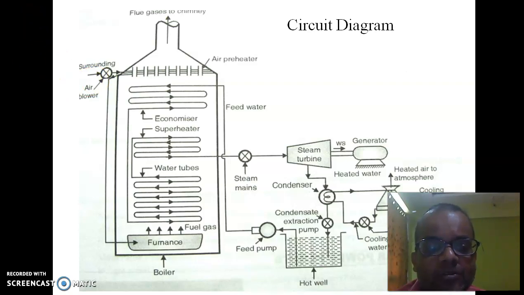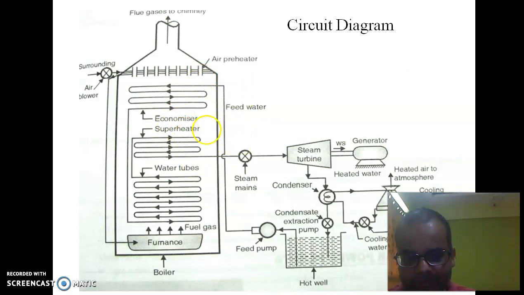So in the air preheater, what do we do? We take fresh air and pass it through the air preheater, where it is preheated by the same flue gases, converted into preheated air. Because of that hot air, the combustion takes place properly.